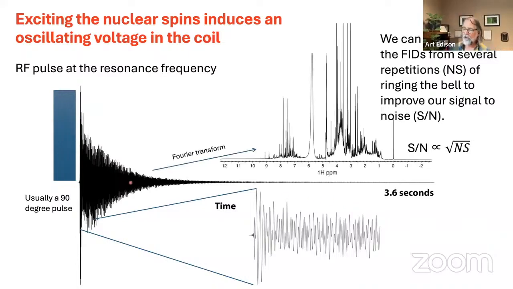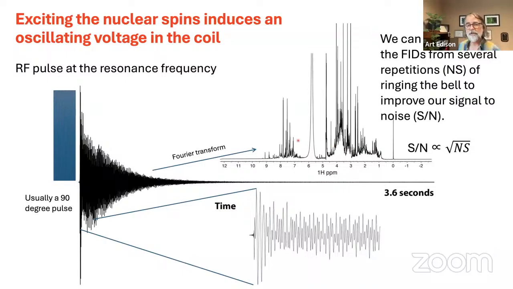We're not very good at looking at time domain NMR data. Historically, ever since Richard Ernst developed this and applied it with Wes Anderson, applying the Fourier transform to NMR data, we can convert the time domain signal into the frequency domain.